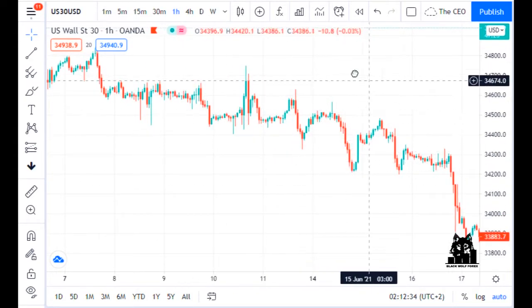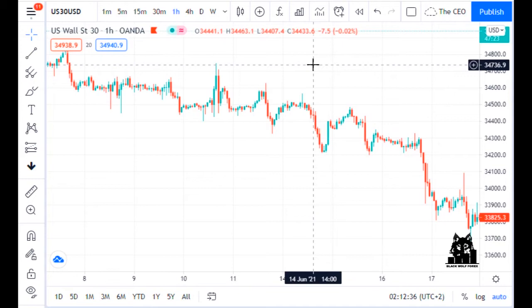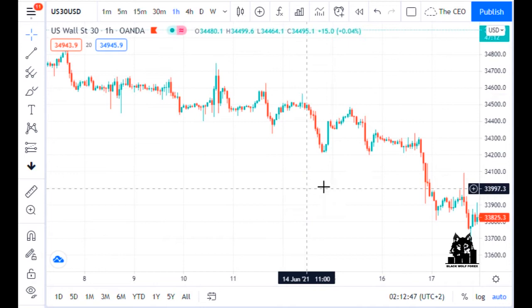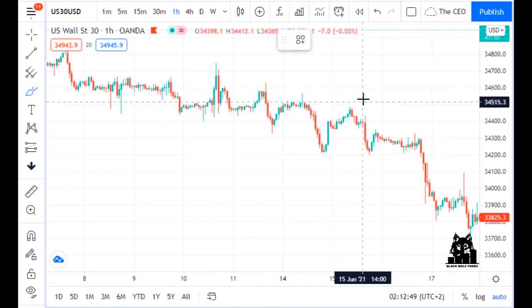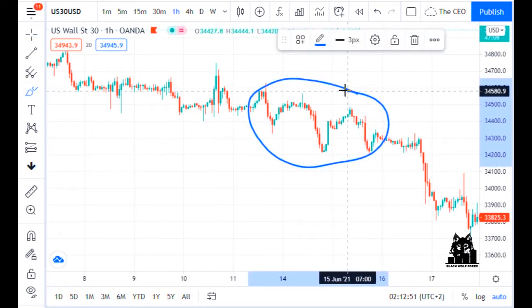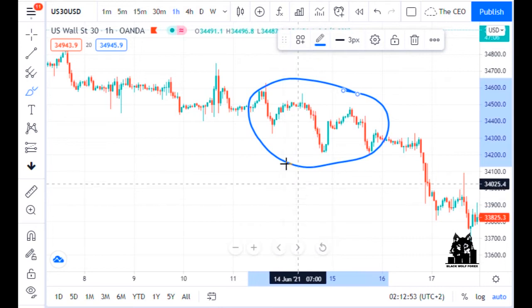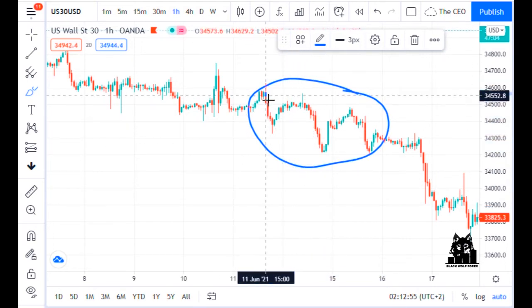And also you note down what happens after your pattern has completed. You note down what happens after it has completed the movement. You see here what happens. We have an inverse head and shoulders here, but what happened after it? This is where it began.